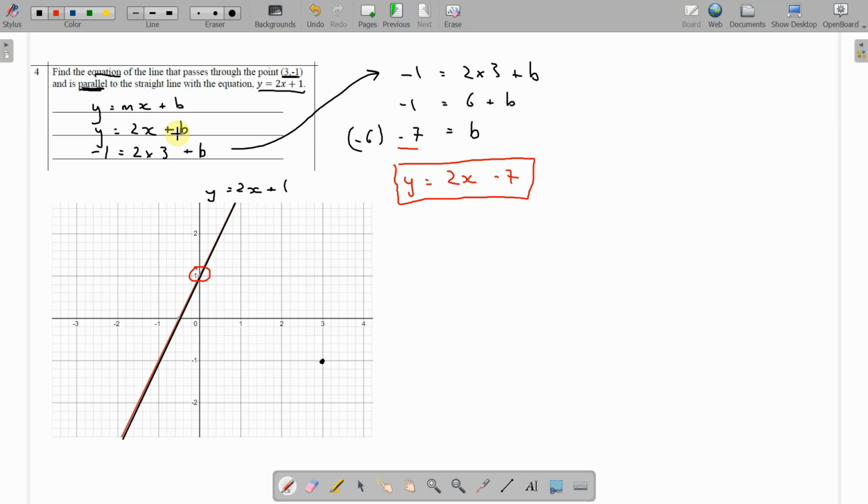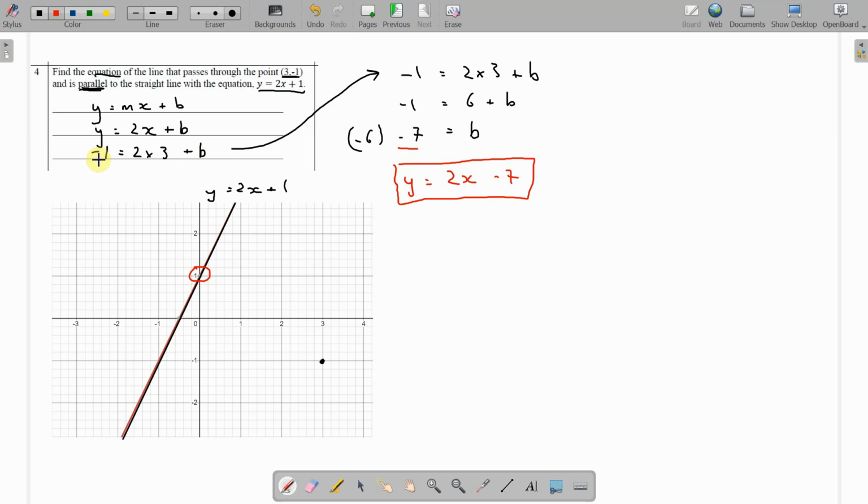So now we've got 3 unknowns, x, y and the plus b. So then what we do, the step that is mainly misunderstood, is we can sub in the values of this point, because these subbed in will be part of the line. So we can put 3 for x and negative 1 for y, and our plus b is still unknown.